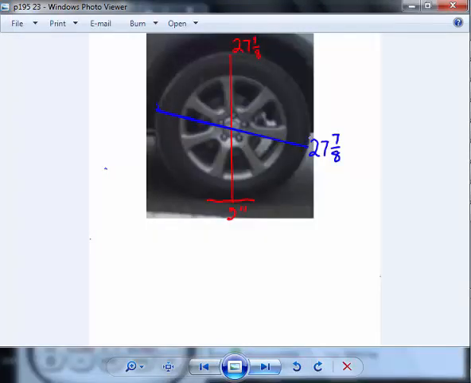I think that's the last. Oh, we have one more thing. We have to see how far does a tire roll. This is like number 23, so it's 27 7/8 inches across the tire.